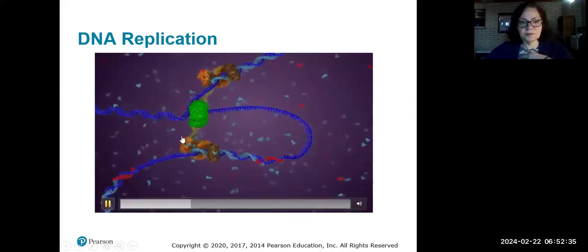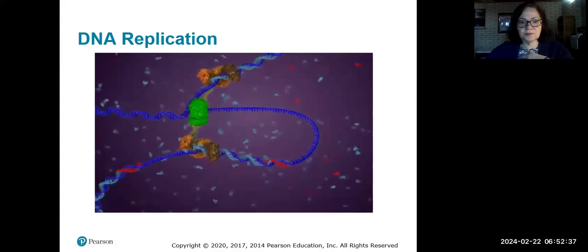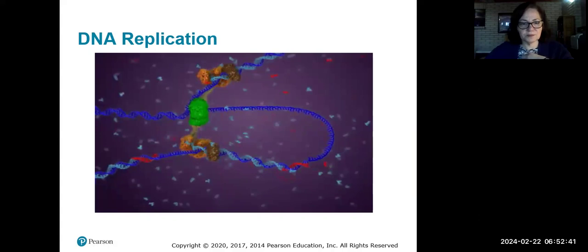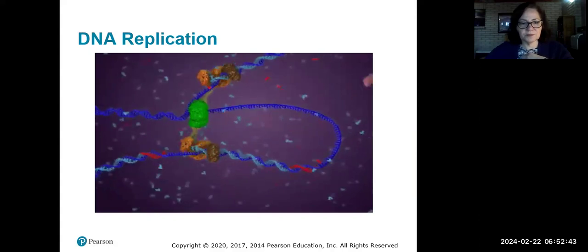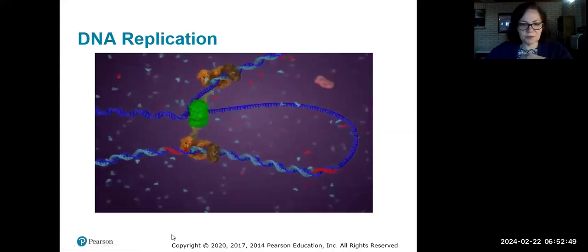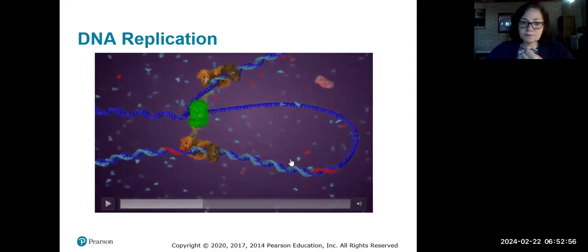DNA polymerase always begins a new strand by adding to an existing RNA primer, shown here in red, that has been constructed first. Original parental DNA strands. Okay, a few more bits of information that will be helpful for you to understand. Think of this like a zipper.